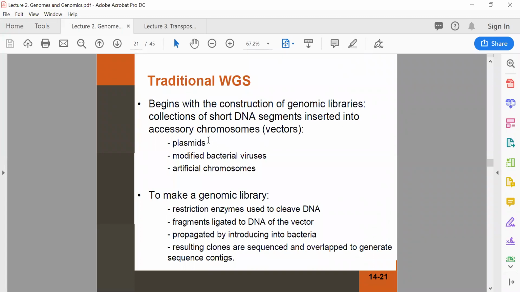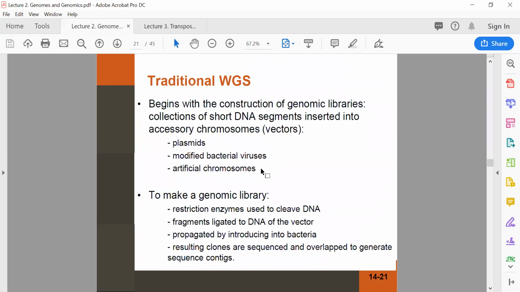Some common vectors that are used: plasmids, which you've heard about, modified viruses, and artificial chromosomes, bacterial artificial chromosomes, yeast artificial chromosomes, and others.